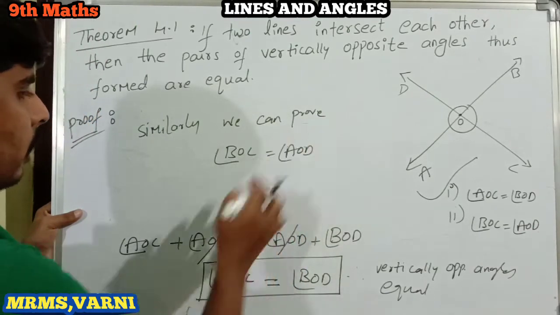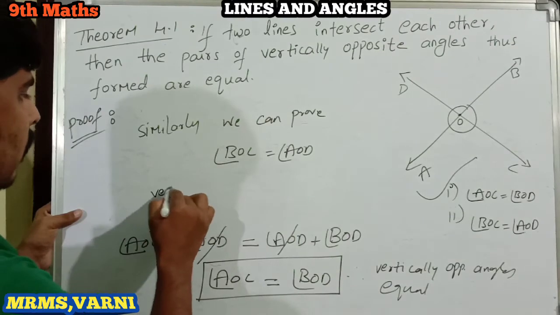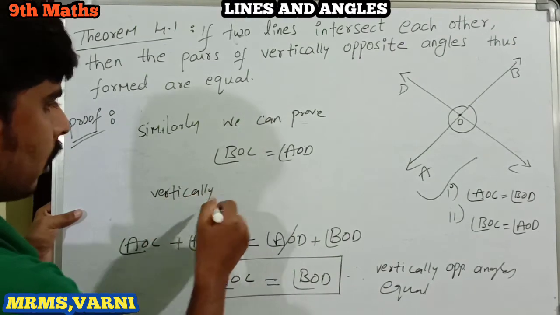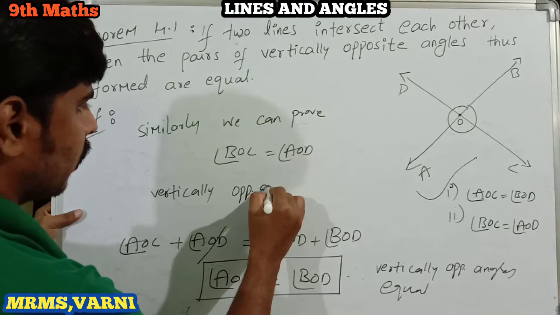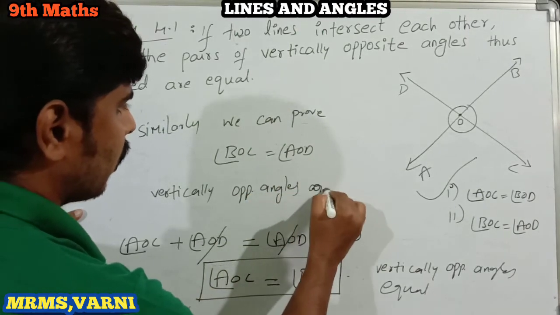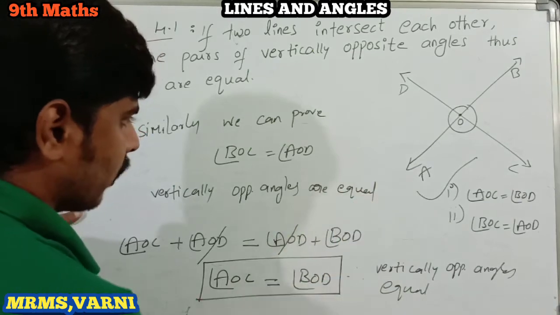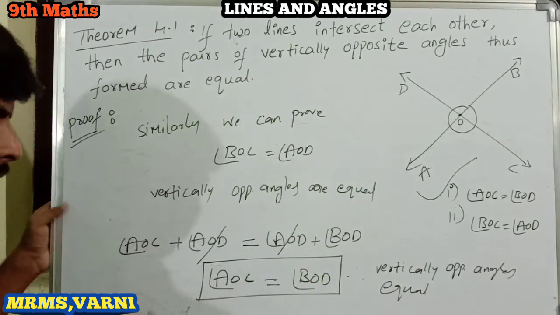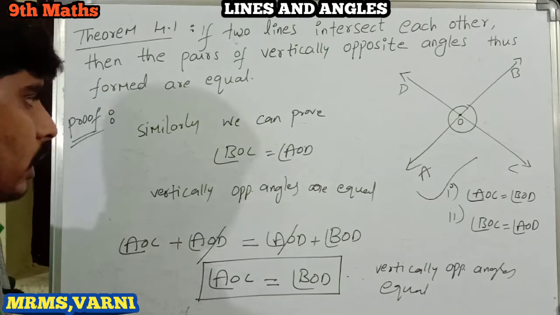Okay, this is nothing but again vertically opposite angles. Opposite angles are equal. We can write like this or we can prove also.